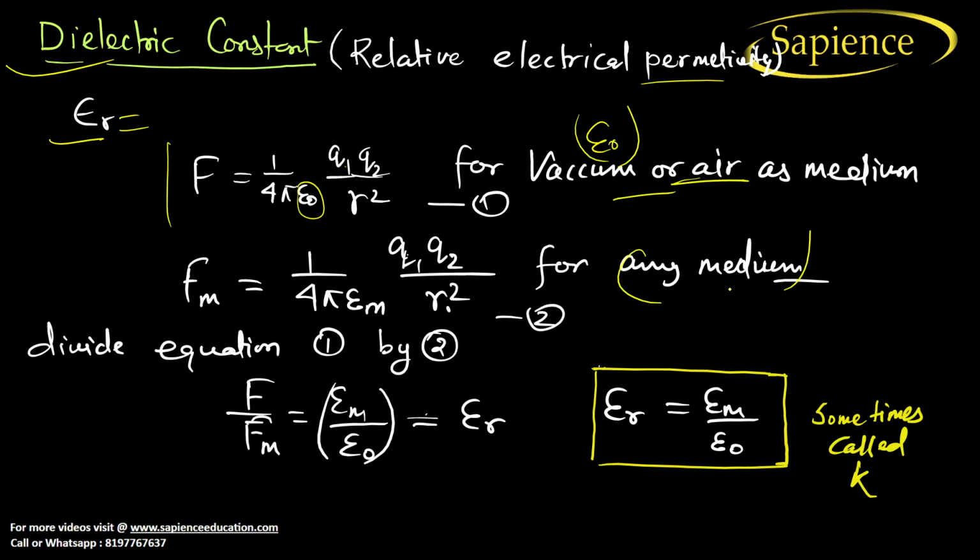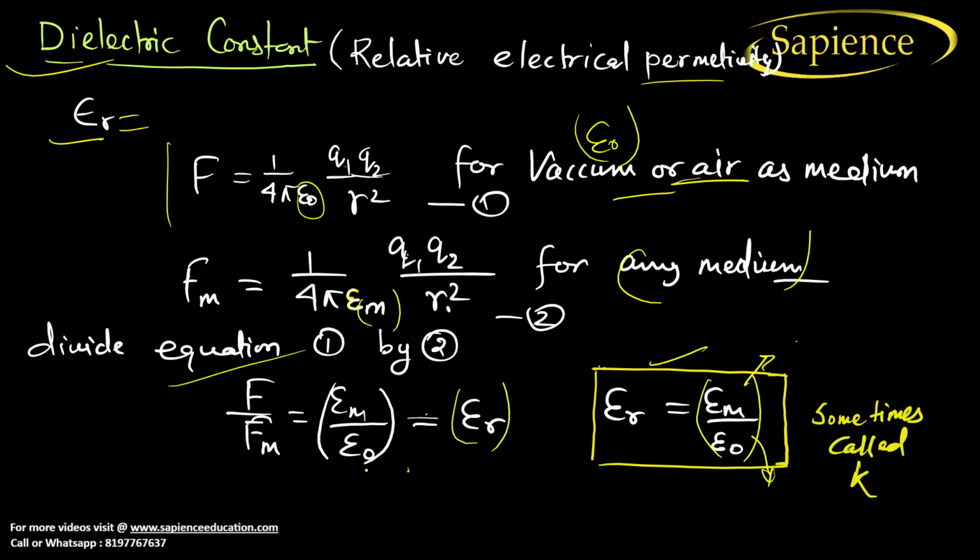As soon as any other medium comes, the permittivity becomes epsilon medium. If we divide these, we get epsilon m by epsilon naught, which is known as relative permittivity. It means the permittivity compared with air or vacuum.